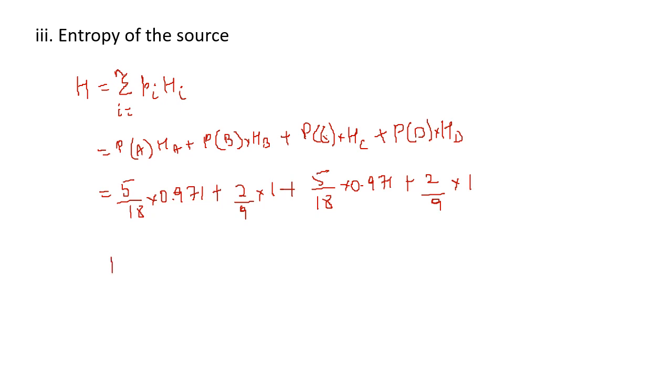After substituting and simplifying, we will get H is equal to 0.9839 bits per message symbol. So this is the total entropy of the given Markov source.